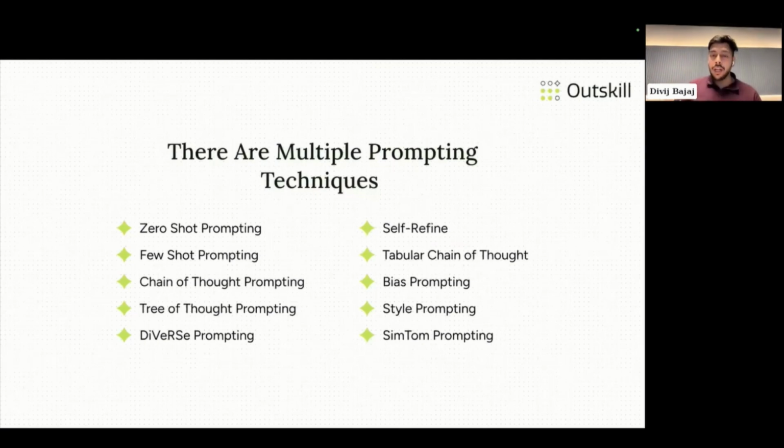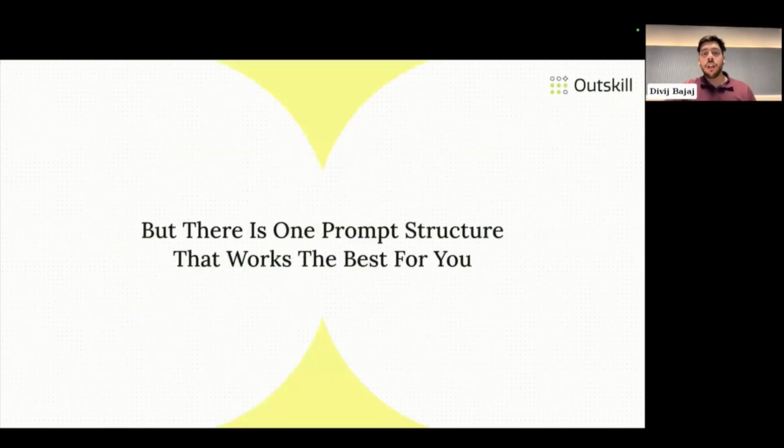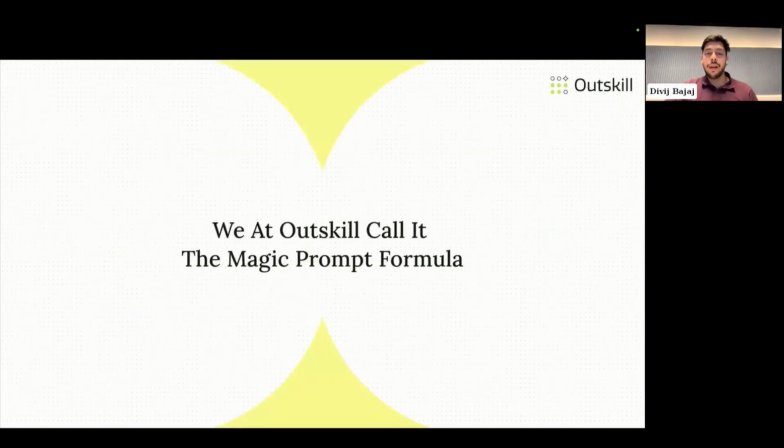If I want to give you one prompting technique that works for 80 to 90% of your tasks, that is the Pareto principle: one technique can solve 80 to 90% of the major problems with AI. We call it the magic prompt formula. Some people call it the six prompt formula. They have different names, but the effectiveness of this technique is impressive.